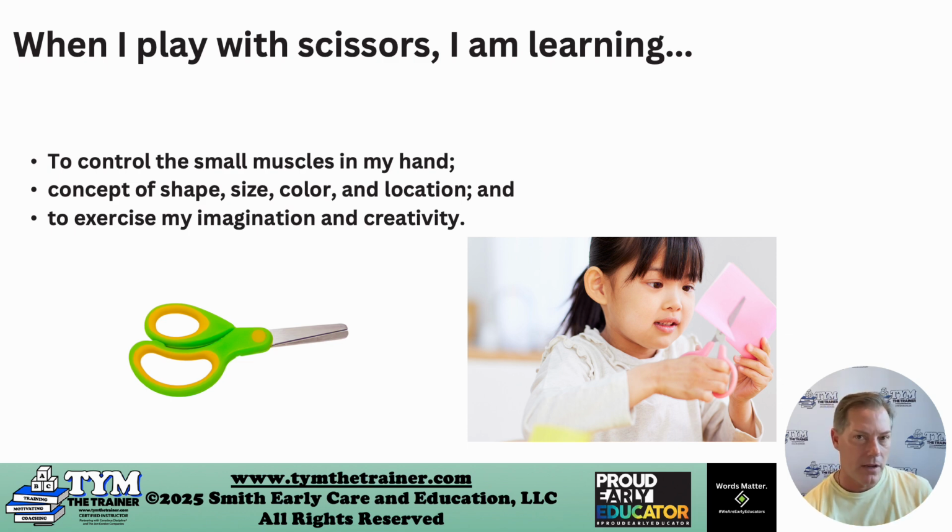And if you're working with children that are 2 and younger, you can replace the scissors with ripping paper, right? And you can pretty much get the same skill set by just ripping the paper, because we've noticed that it's very difficult to find an age-appropriate pair of scissors under the age of 3 that actually cut paper. But we also, always keeping safety in mind right there.